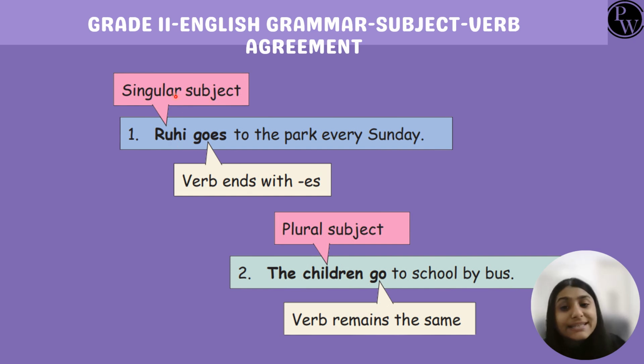So when the subject is singular, we add s or es to the verb, that is, at the end of the verb. All right? And when the subject is plural, we do not add s or es to the verb. So the verb remains the same. Okay?